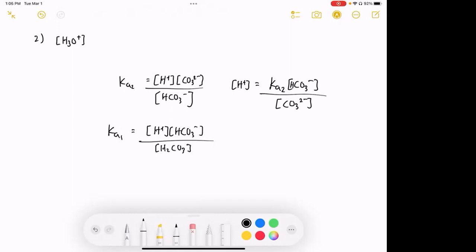Now, if you solve for H plus in this case, it'll be equal to Ka1 times H2CO3 over HCO3 minus. But when they insert those terms, when you're dividing it by this fraction, it flips.